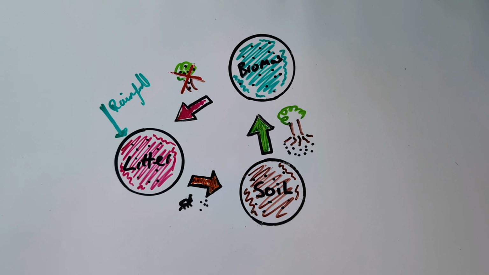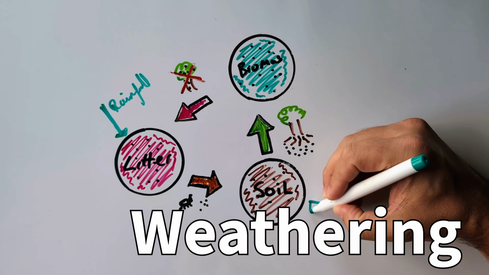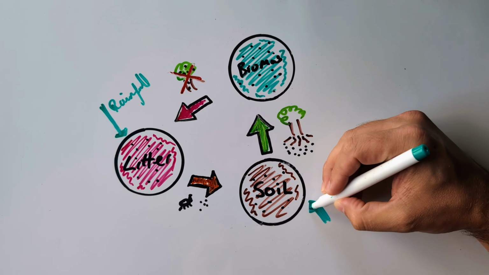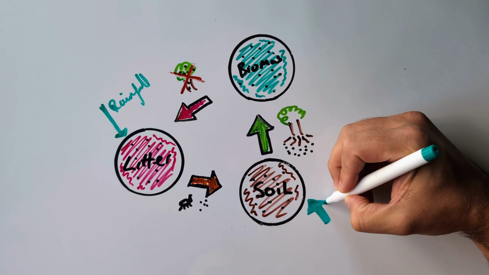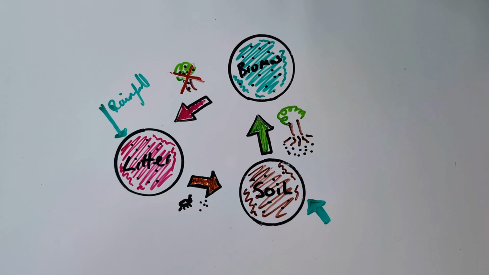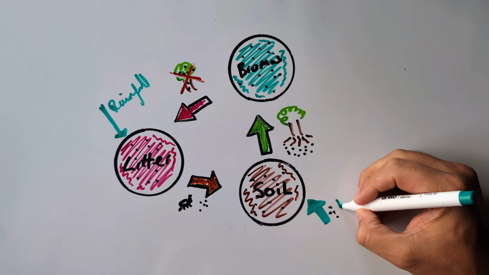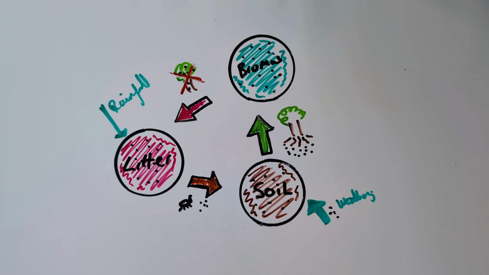And then we can also have an inflow from weathering. Now, weathering, you should know, check out my video if you don't, is the breakdown of rocks. And again, think limestone and all of this. They're chemicals, and in them contains nutrients. So weathering is another type of inflow.